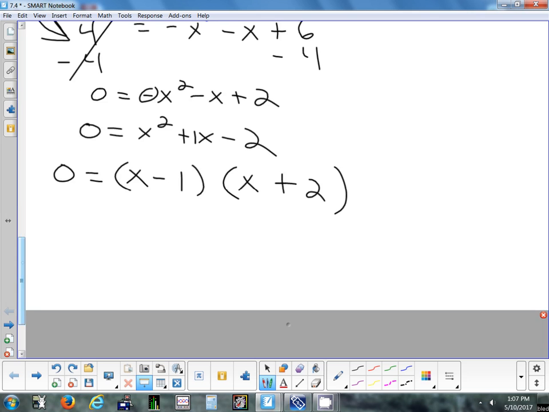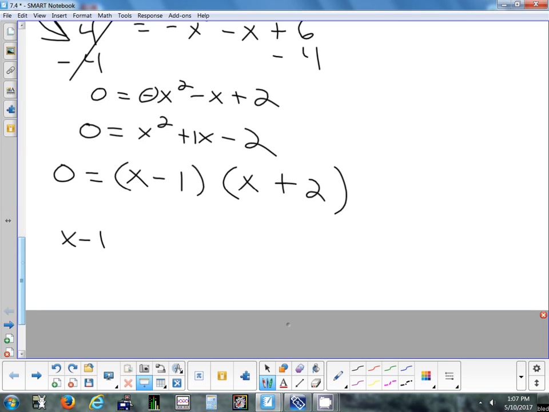And now we just have to look at it. We're multiplying two things together and getting 0. What's the only way you could multiply two things together and get 0 as the result? At least something is 0. Maybe both, but at least one thing is 0.